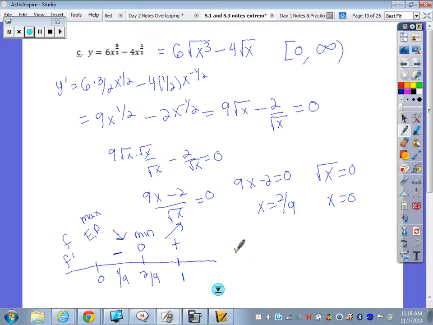I need to find the y values in order to figure out what the global max or min is. In this case, though, we only have one min, so the local min has to be at 2/9, and then I still need to find the y-coordinate, and then the local max is at 0, something.